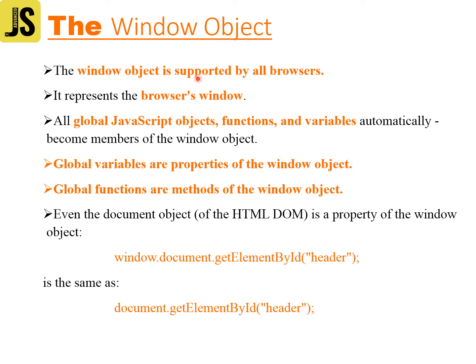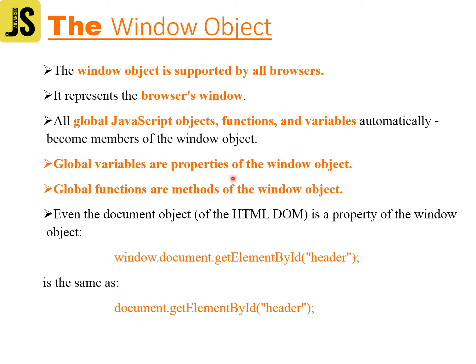The window object is supported by all browsers. It represents the browser's window. All global JavaScript objects, functions, and variables automatically become members of the window object. So all the things defined using JavaScript, like global objects, functions, and variables, are automatically members of the window object.